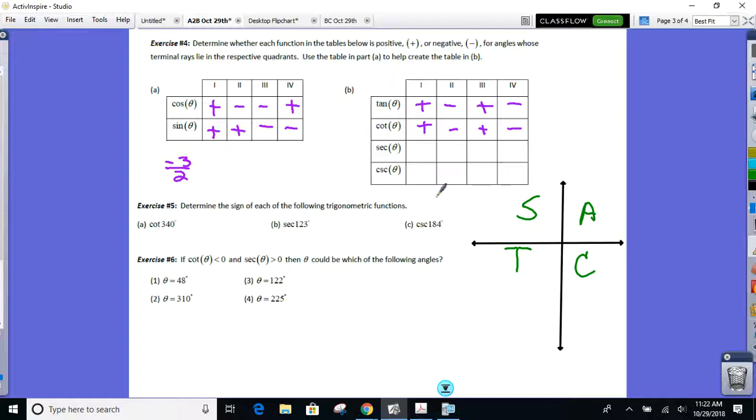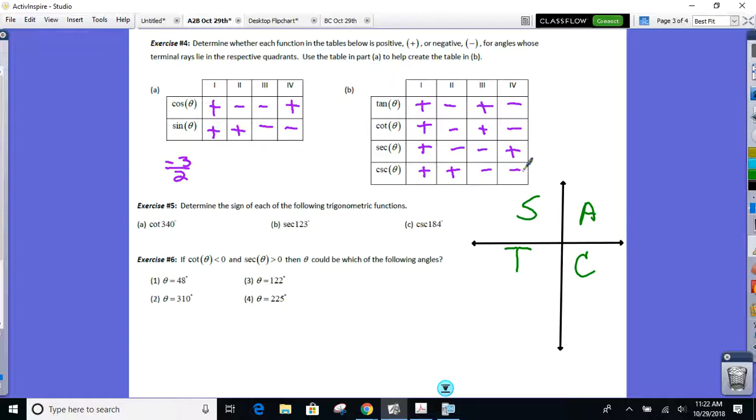So it's going to be positive and negative in the same quadrants cosine is. And then what about cosecant? What are you flipping for cosecant? Sine, so it's going to be positive and negative in the same quadrants. That's one good thing. You don't have to memorize those. Whatever you have to flip, the signs stay the same.